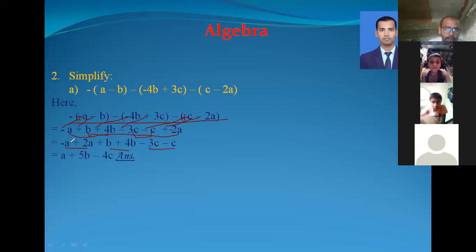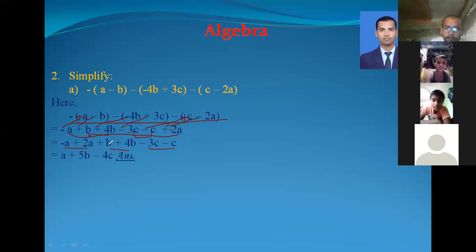After that, in a and 2a, the greater number is with plus, so there is no sign. It means we have to consider as there is no sign, it means plus sign. So 2a minus a, that is plus a.